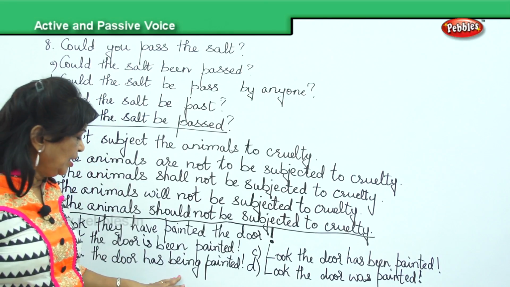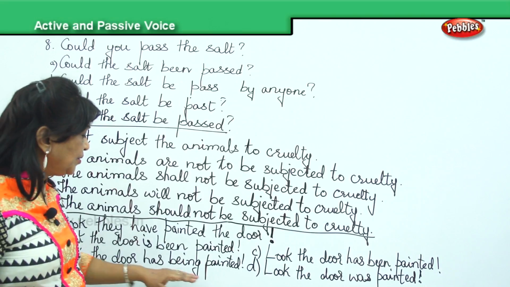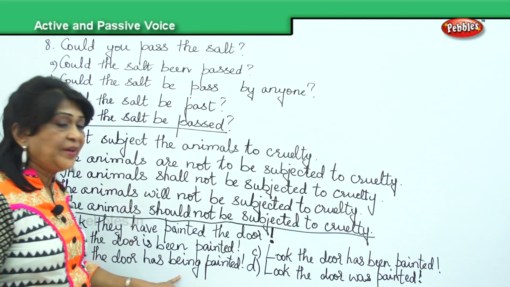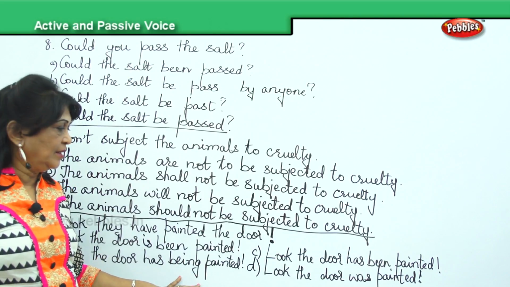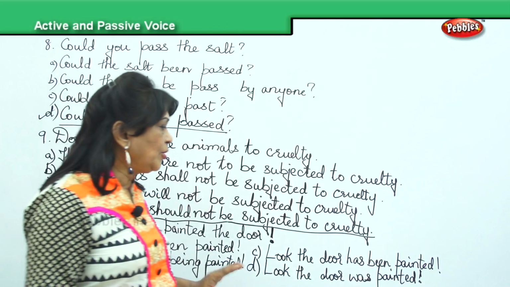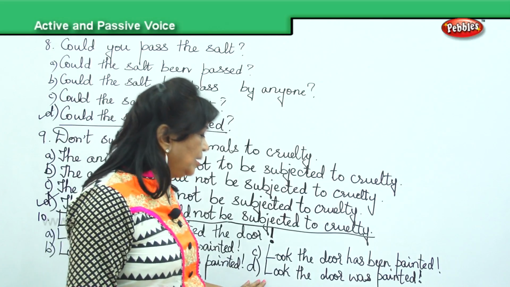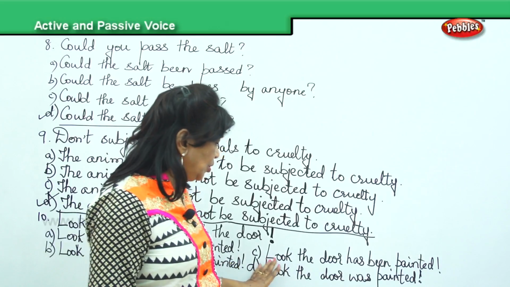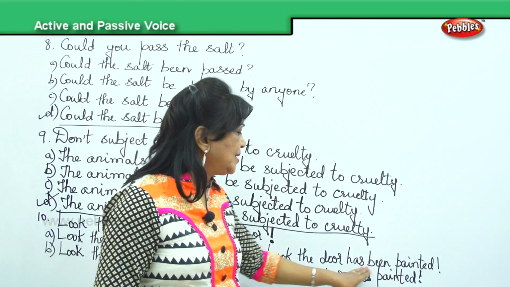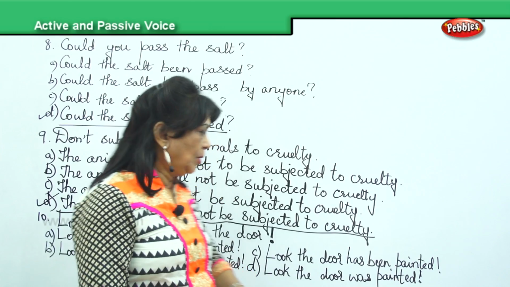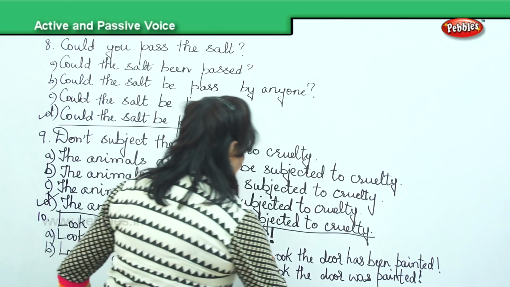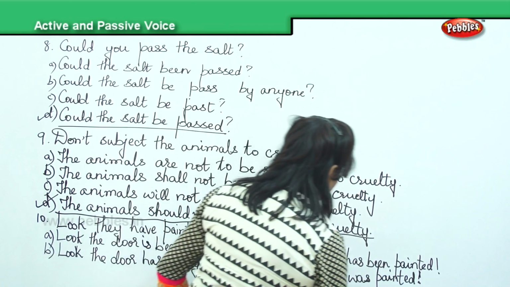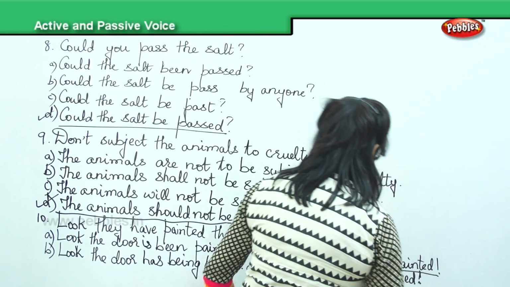Being comes only in is being driven or anything. With perfect tense, you do not have being. So, the correct option will be look, the door has been painted. Option C. So, option C is the right answer.